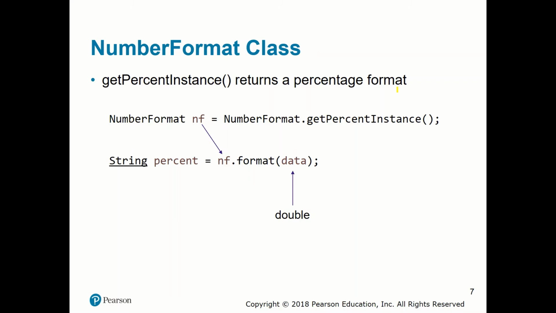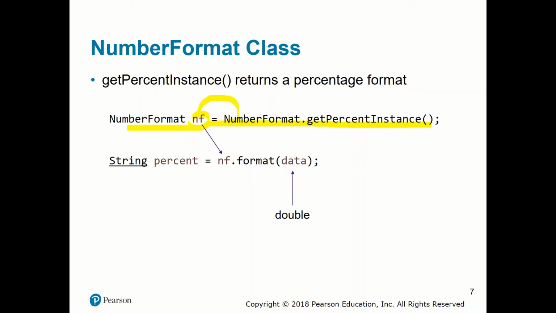getPercentInstance returns a percentage format. This is used the same way as getCurrencyInstance. This makes it easy to print percent information. At first, we invoke NumberFormat.getPercentInstance. Then a NumberFormat object will be returned.